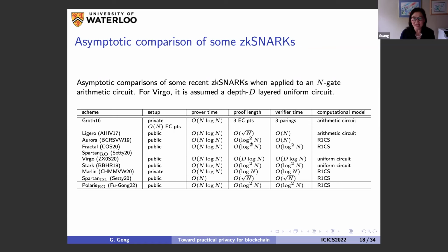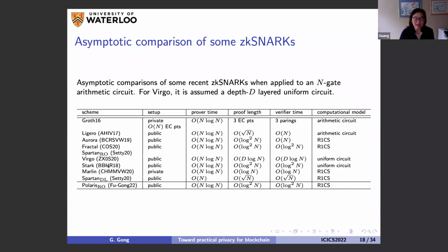And similarly for Aurora, Aurora reduced the proof length from square root of n to the square of log n. Okay, and the circuit is also generalized from arithmetic circuit to R1CS. Okay, and Fractal and Spartan in the random oracle model have similar prover time and proof length. However, the verifier time goes from linear to log.